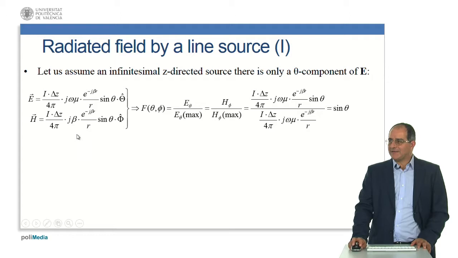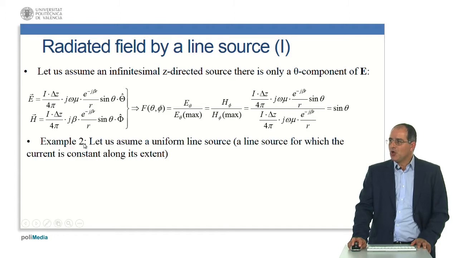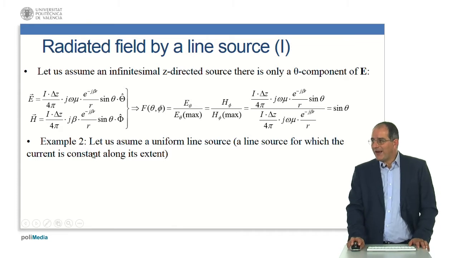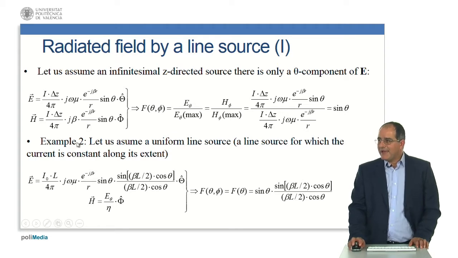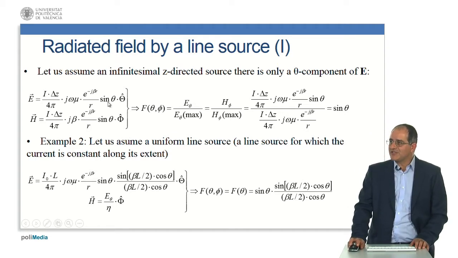But the most important part at this very same moment is to consider that if instead of having an infinitesimal line source, we have a uniform line source composed of multiple infinitesimal line sources, the corresponding electric and magnetic radiated field is given by an expression that is quite similar to the previous one, since I have all these terms in common, but with the only difference that this is multiplied by another additional term.